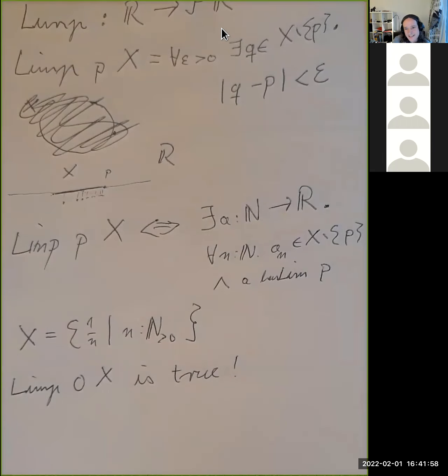Okay, and now the exercise asks, please show, if I remember correctly, that 0 is the only limit point of X.